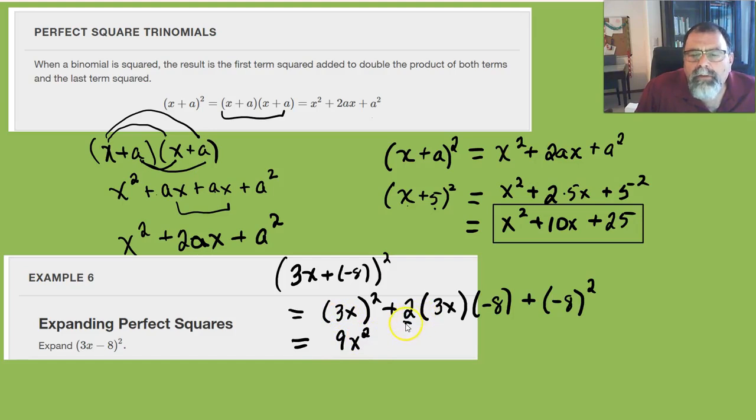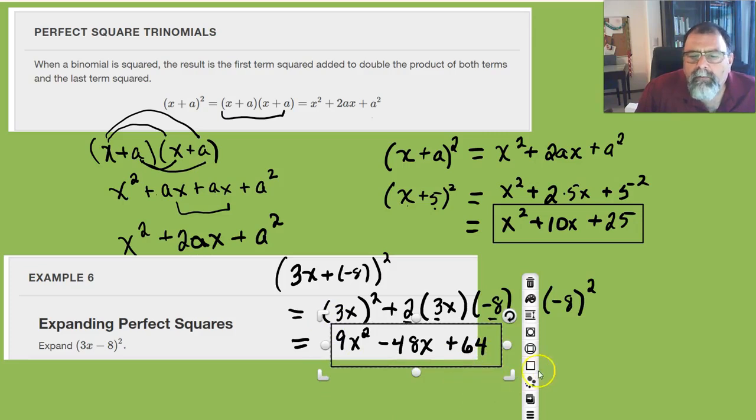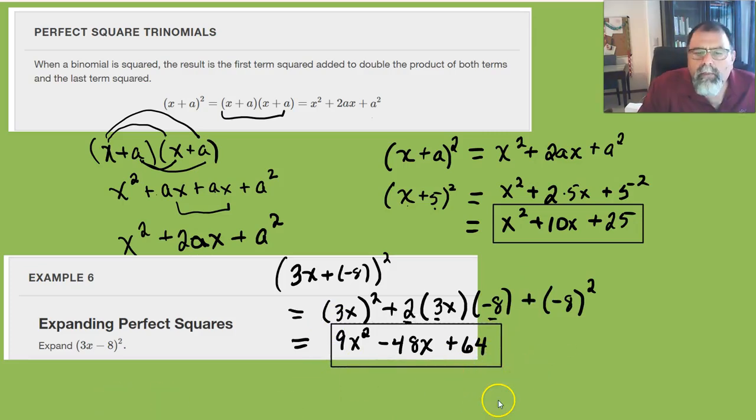And then I'm going to do the numbers here. 2 times 3 times negative 8 would be negative 48x, and then negative 8 times negative 8 is positive 64. And then that's my final answer there. With a little practice, you should be able to go from the question to the answer without showing any work and not thinking super hard. You should be able to do it in seconds.